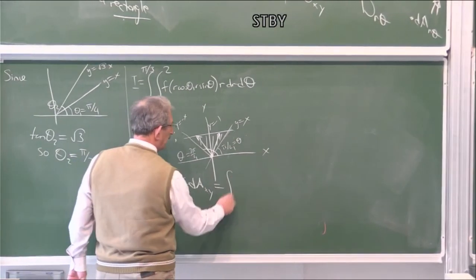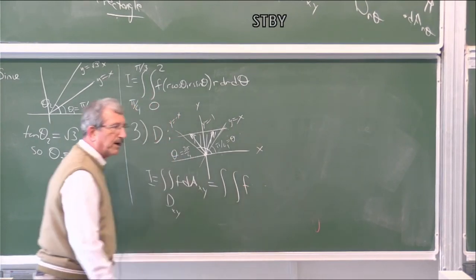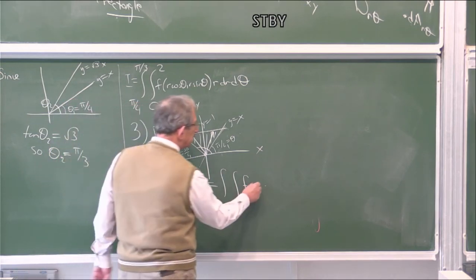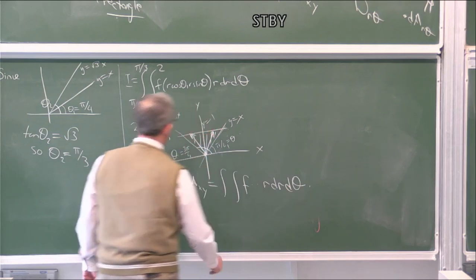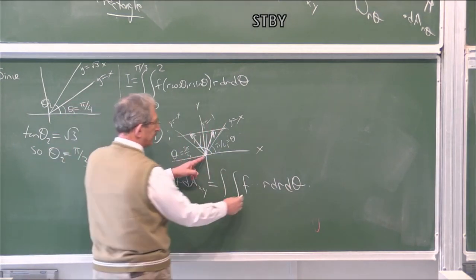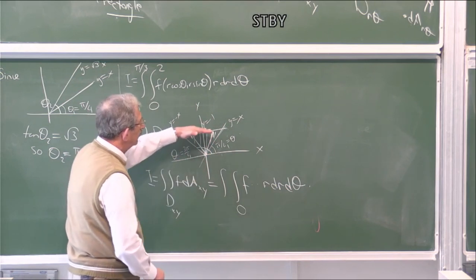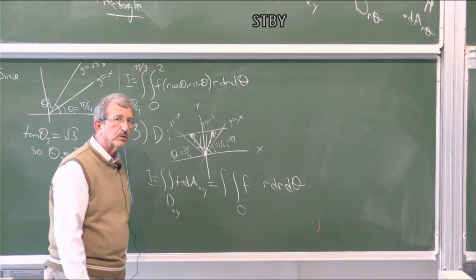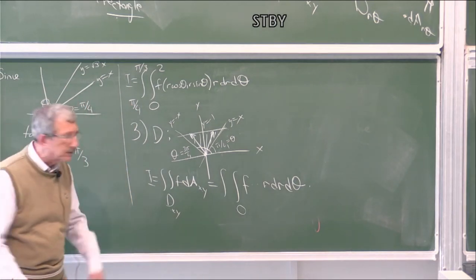This would be the integral of f, and I'm not writing r cos θ, r sin θ anymore, but they are there, times r dr dθ. Now, r starts from the origin, that is 0, and goes up to y = 1. What is y = 1? It must be expressed in polars.